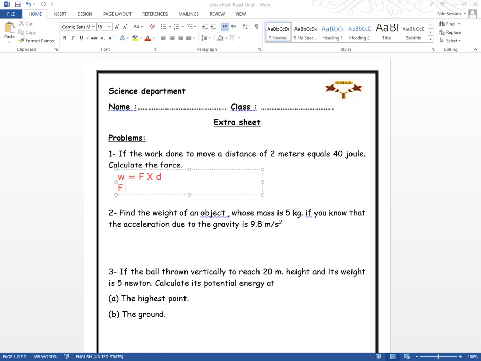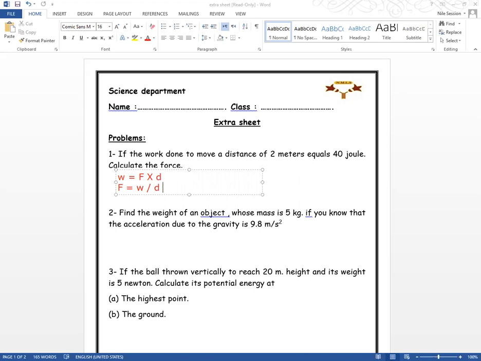So the force equals work done divided by displacement.